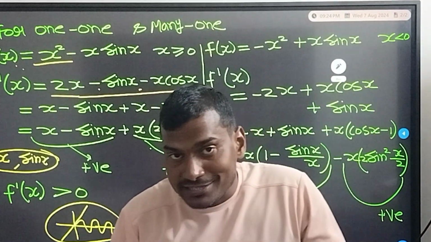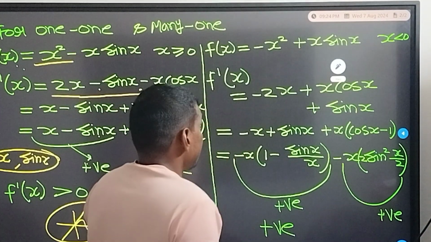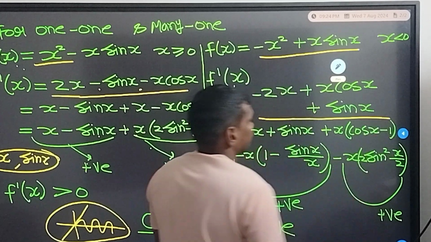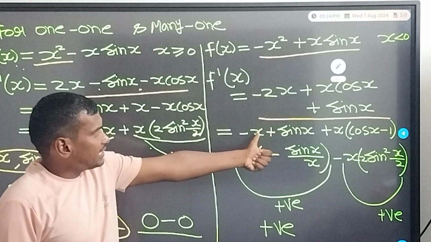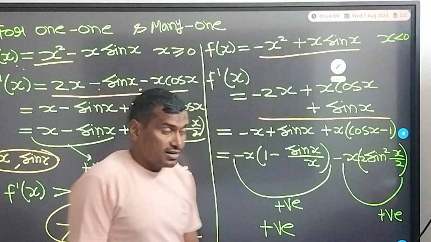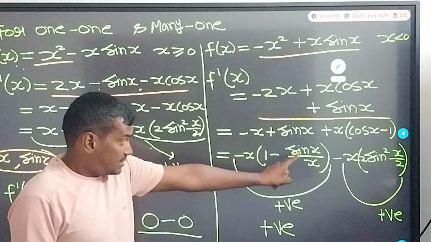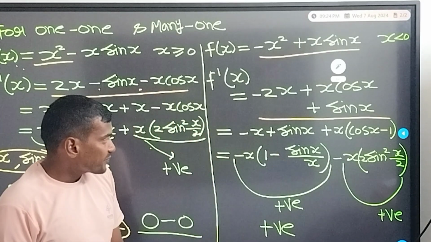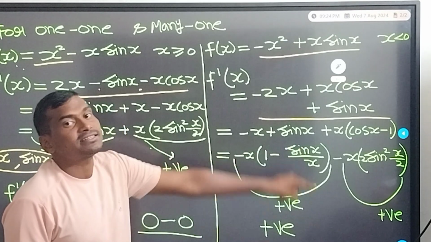If x is lesser than 0, then what is the sign of dy by dx? So see, if x is lesser than 0, this is f(x), this is dy by dx. Now see this dy by dx, minus 2x we are writing as minus x, and plus sin x plus x cos x. Again we are rearranging, we took minus x common, 1 minus sin x by x, minus x into this thing, sin x by x. This will be always lesser than 1.